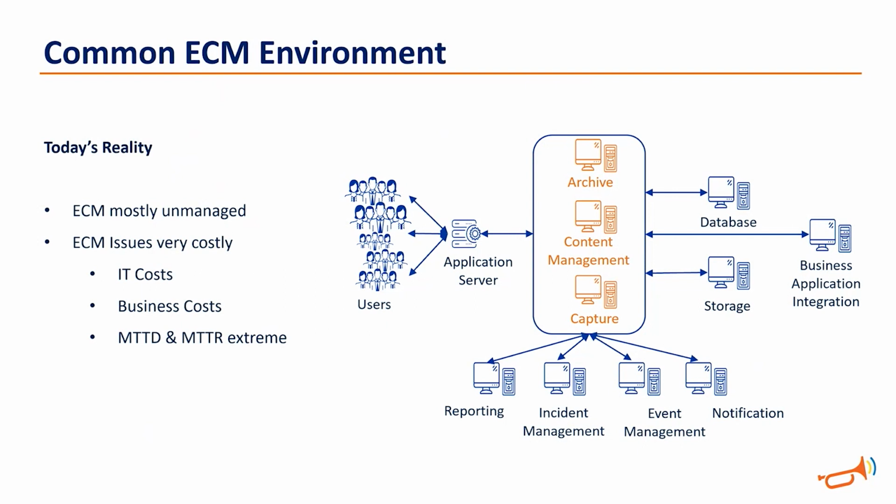You'll see here on this diagram, Reveille can monitor and manage the three main components that make up an enterprise content management environment, namely capture, content management, and archive systems. These systems are often a key part of a complete application stack, but for the most part in large organizations, about the only thing that's getting monitored in these environments is the underlying infrastructure and the network they're running on.